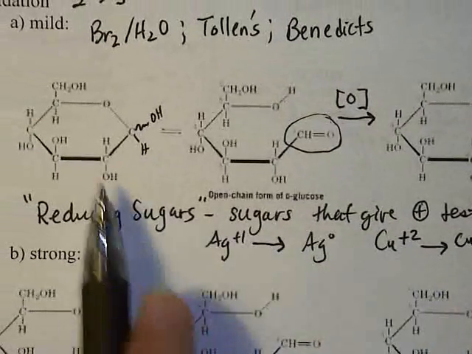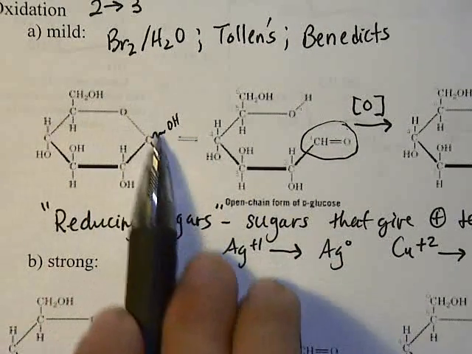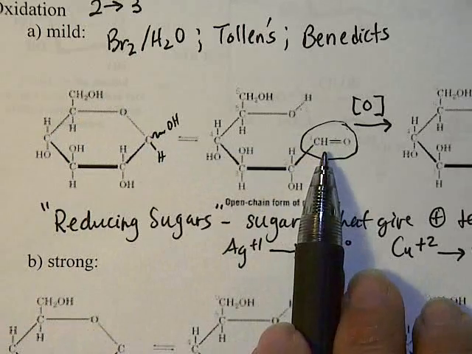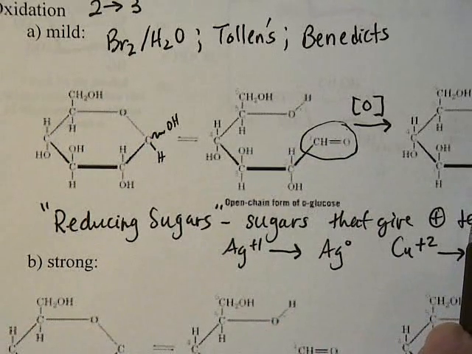Okay, so the key is, as we talked about before, you have to have a hemiacetal sugar in order for it to open up, so that it could be either oxidized or reduced.